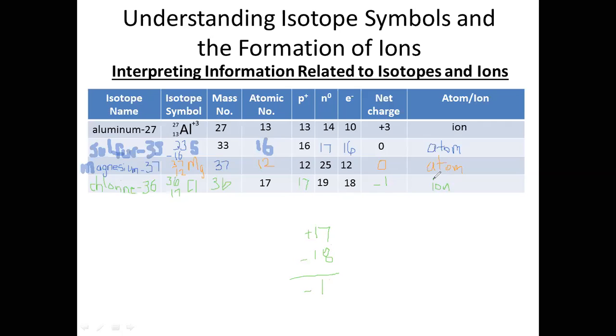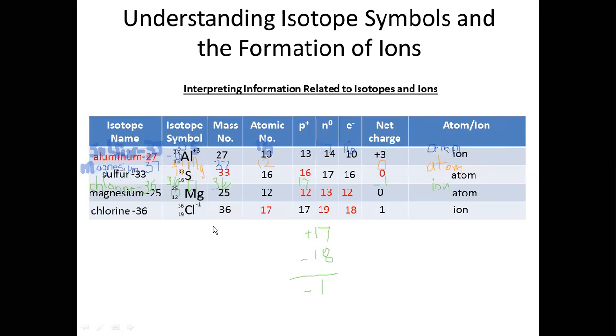So this reveals our isotope of chlorine with a net charge of -1. So I filled the chart in so that when you use this as notes, you can just go back and look at that and reveal that specific information.